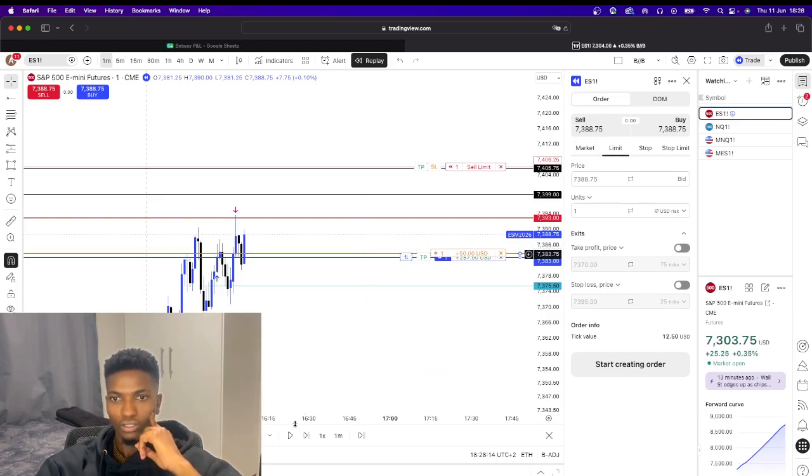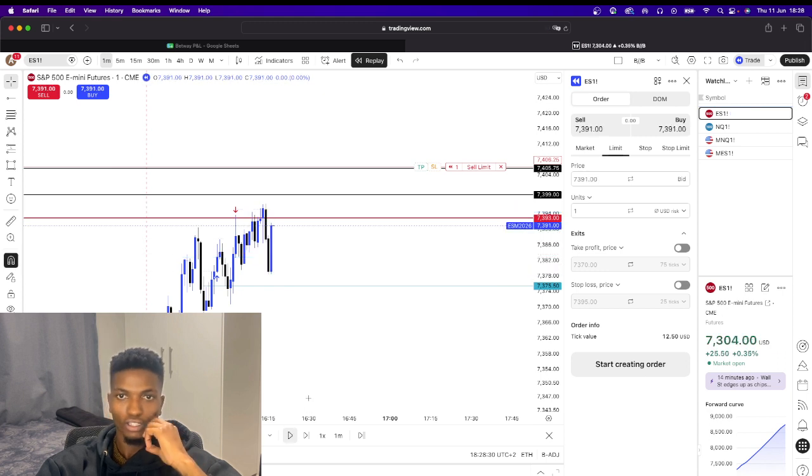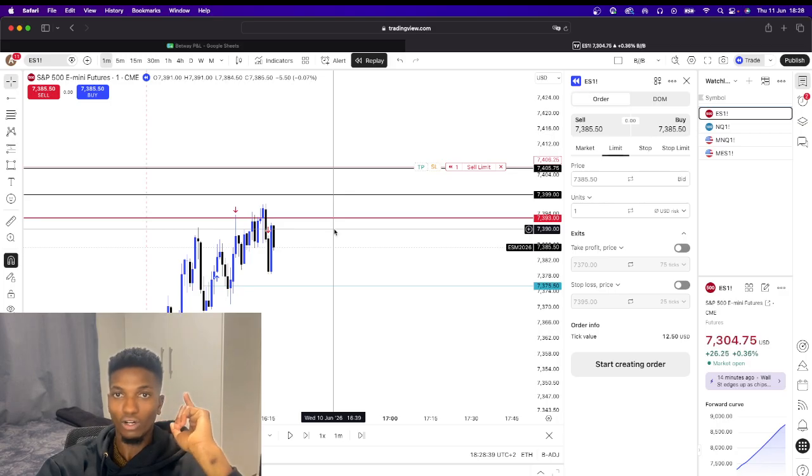So move that to break even, then we continue. And there, so we got stopped out at break even. We didn't even hit this high and our second take profit. We only hit our first take profit, and then price stopped us at break even.